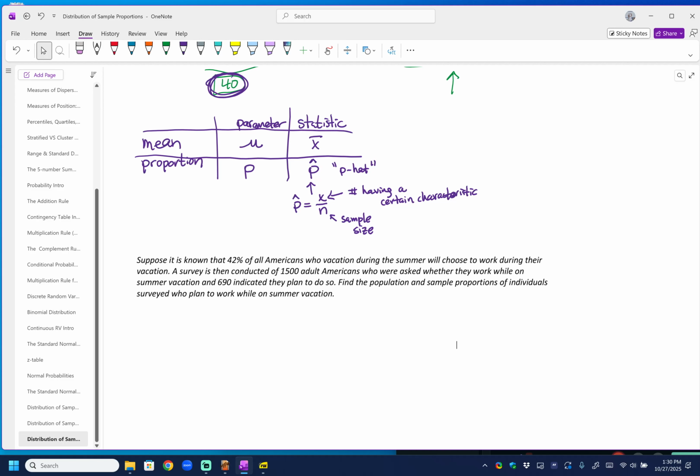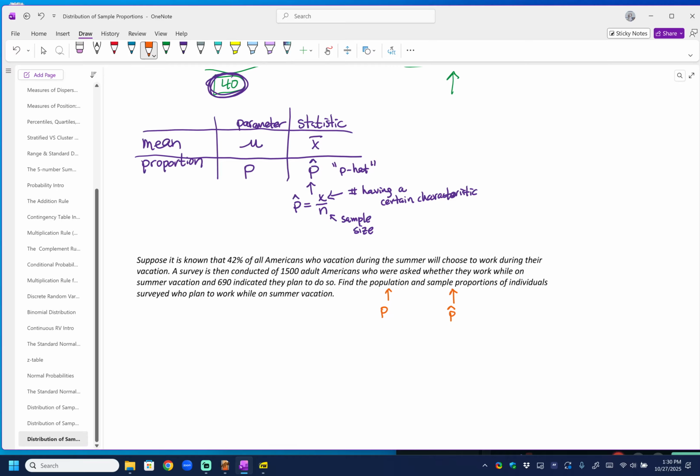Find the population and sample proportions of individuals surveyed who plan to work on summer vacation. Again, just remember that the population proportion is P and the sample proportion is P hat. That is all they're looking for here. So you're looking into the problem and trying to pick out which one's which.